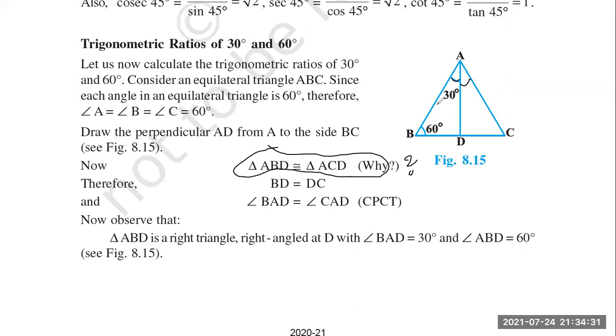Since this is an equilateral triangle, we have one side equal in ABD and ADC, then this is the common side. और दोनों sides के बीच का जो angle है, equal sides के बीच वाला angle जो है, that is also equal. So we can use the SAS criterion. Here the reason is SAS criterion. With that, they both are congruent.